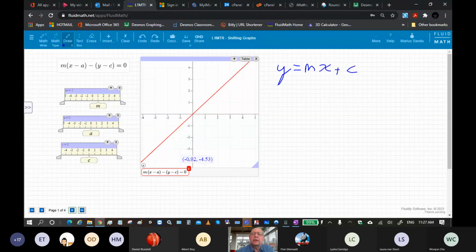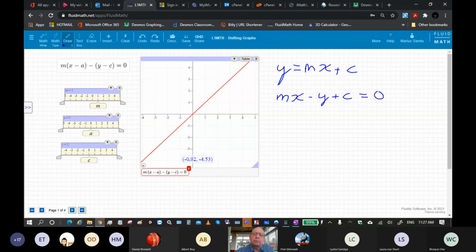Now, let's see if I rearrange this a little bit, and I'll have mx minus y plus c equals 0. Yes? This is nothing spectacular, all right?